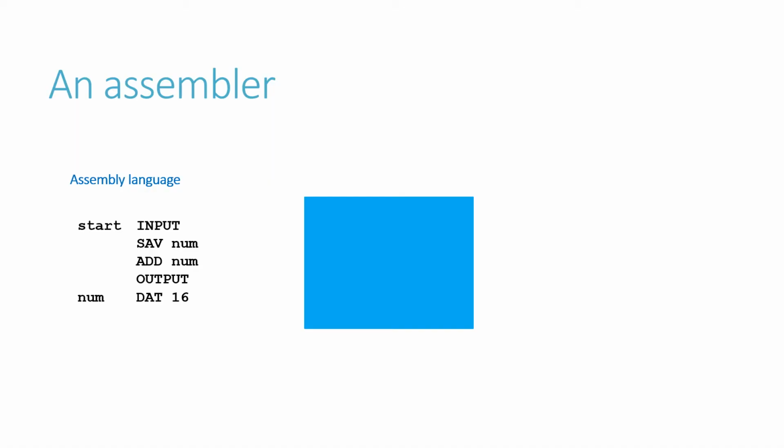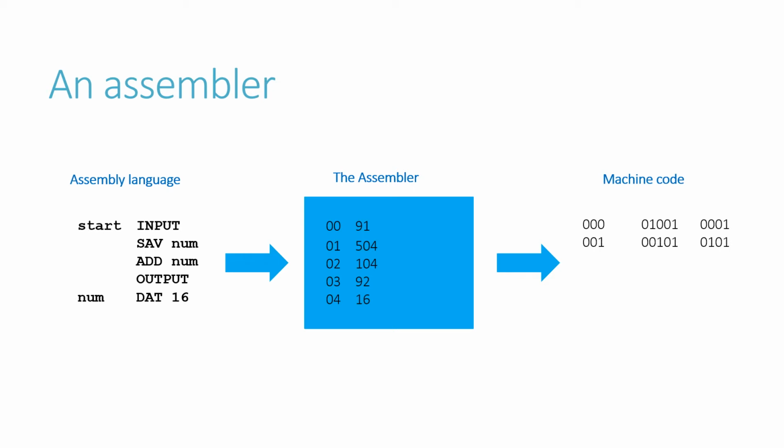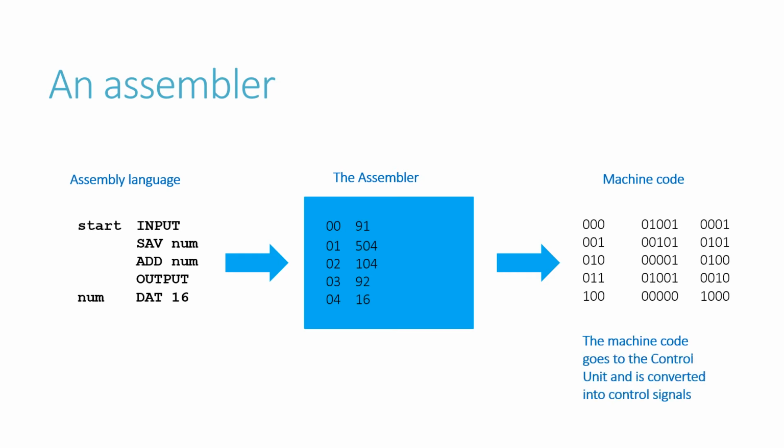The job of an assembler is to take a program written in assembly language of one kind or another. It goes into the software called the assembler and is turned into numerical machine code, which is then stored in RAM. The machine code can then be run through the instruction cycle.